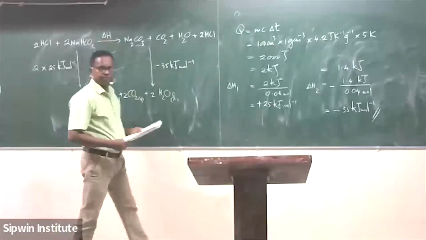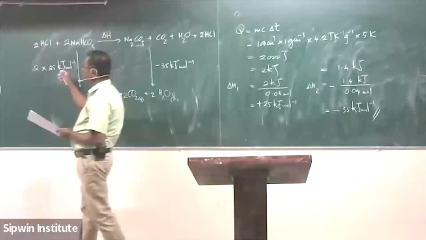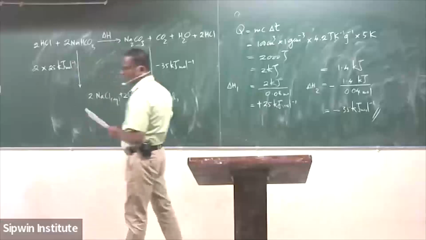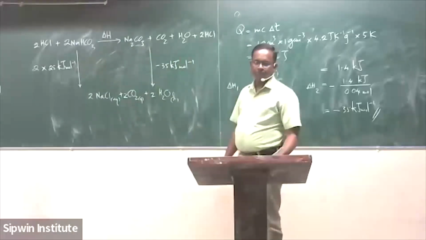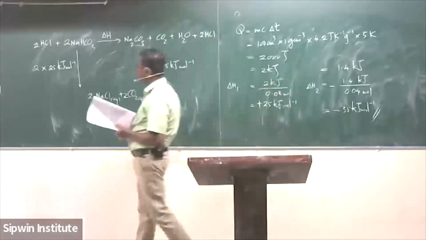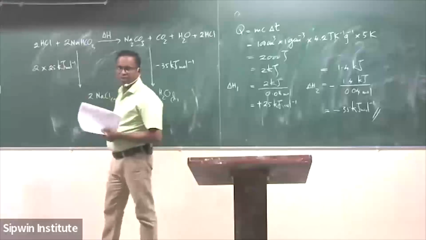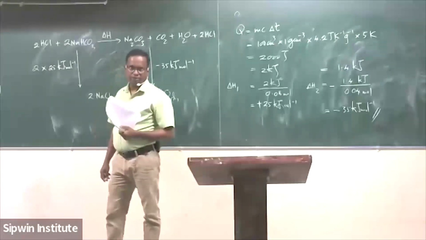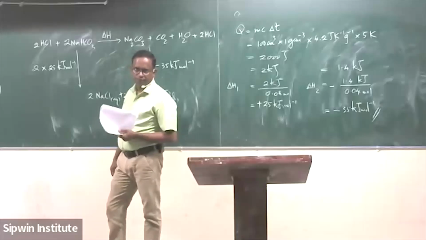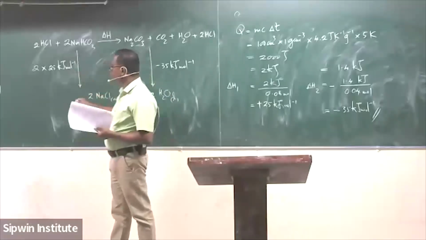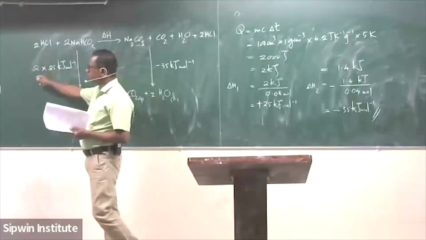In all cases, when writing enthalpy changes, they give kilojoules per mole. In some cases, by definition, in this kind of place we take it as reaction enthalpy, per one mole.